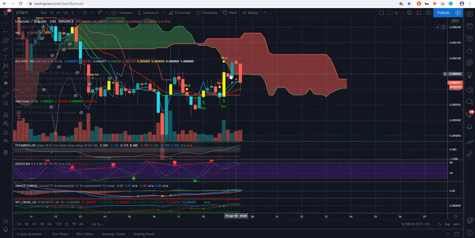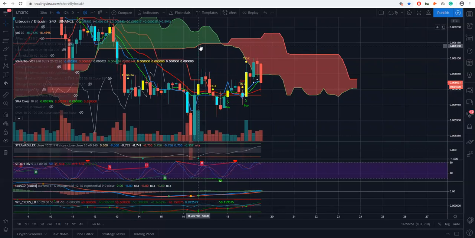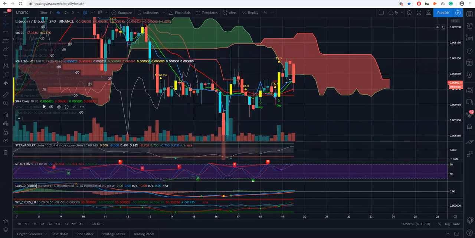And then we're using our cloud as a level of resistance, unless we want to start adding in more SMAs, being our 100 and our 200. So we can see that our top SMA aligns quite well with cloud resistance once we break through here. That gives me a secondary form of confluence that these levels are quite valid and are to be respected.